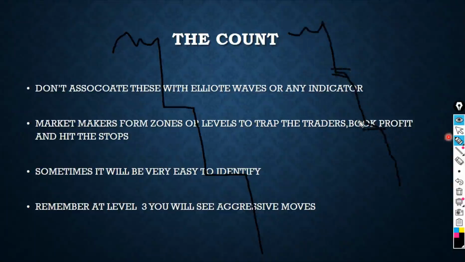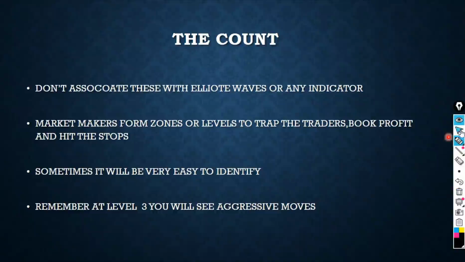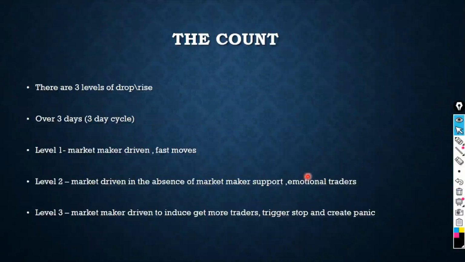Sometimes it will be very hard to see the levels, but when it appears like this, know that at level 3 it is making a W and going back to reverse. That is the next move. So sometimes it's easy to identify, sometimes it's not. Remember, at level 3 you will see an aggressive move.